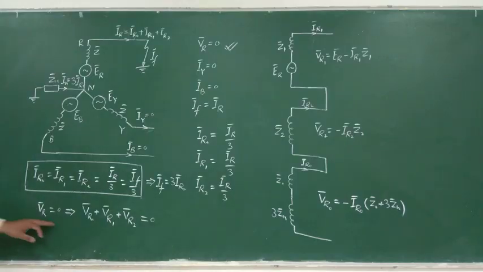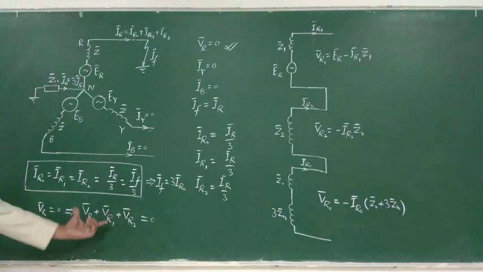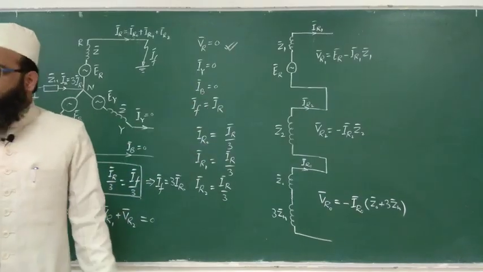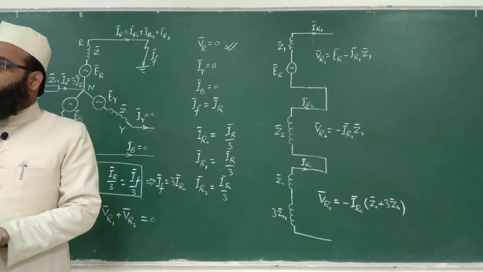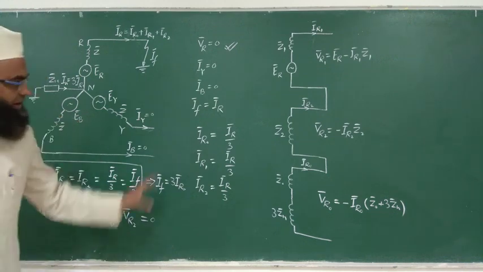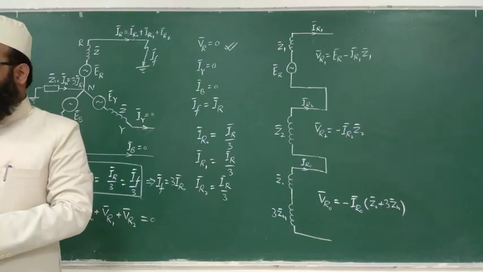So focus on this relation. This says that the algebraic sum of all these three drops is equal to 0. As per KVL, Kirchhoff's voltage law, this is only possible when these three drops are part of a closed loop. Are you getting it or not?